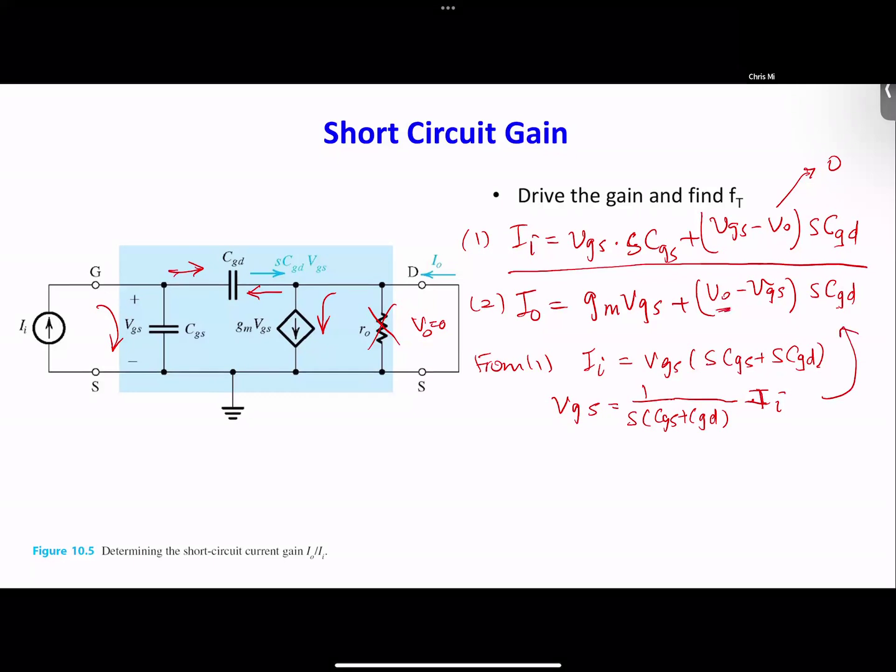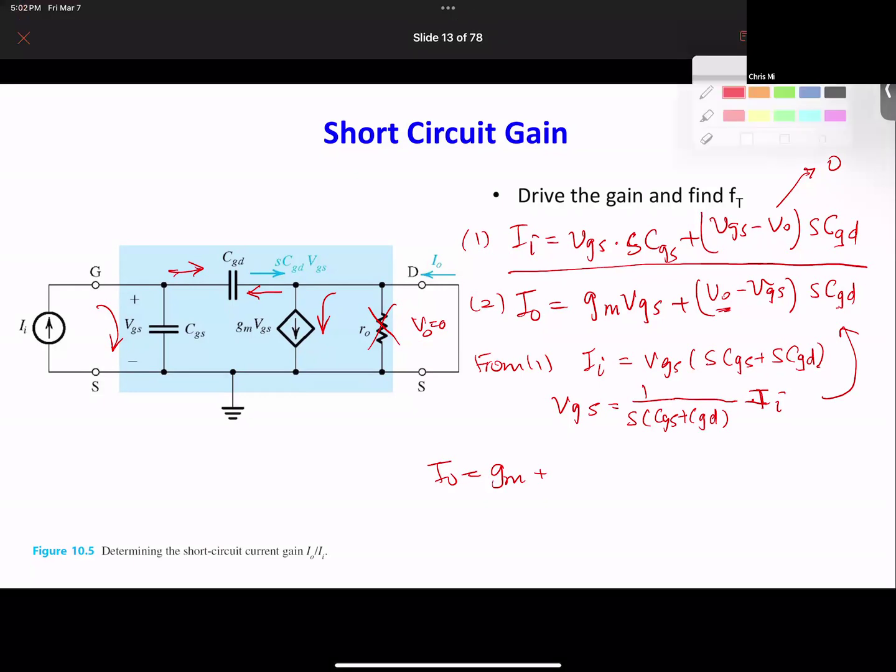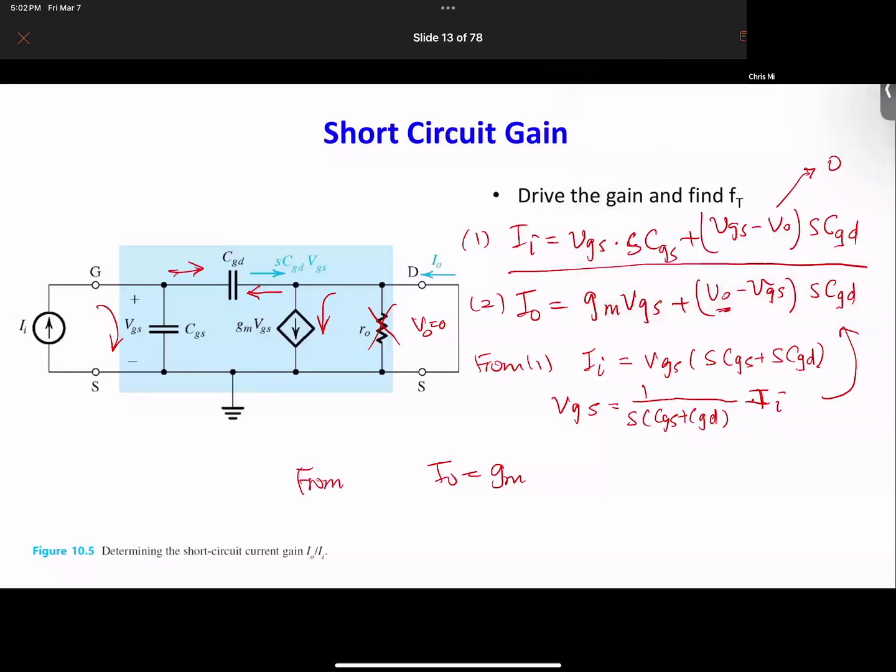Again, VO is zero. So we have IO equal to, from 2, (gm minus sCGD) times VGS.